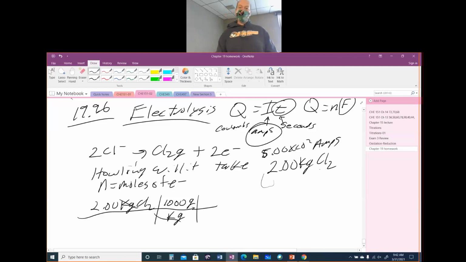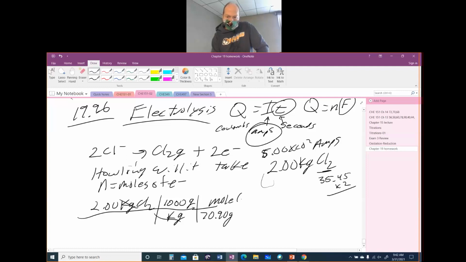We don't want grams, we want moles. So we need the molar mass of Cl2, 35.45 times 2, 70.9 grams per mole of Cl2. So now we have moles of Cl2. We don't want moles of Cl2, we want moles of electrons. That's why we have our half reaction.